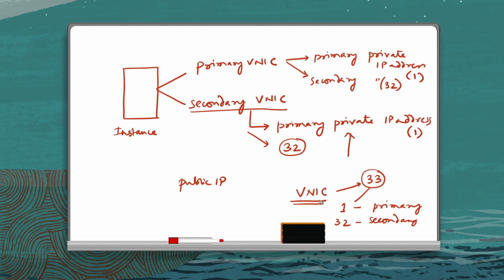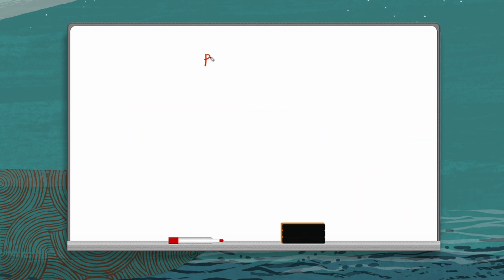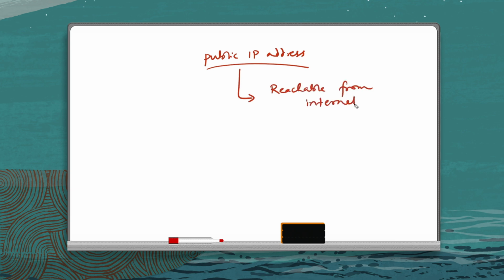So now let's talk about public IP address. So what is the use case of public IP address? Basically, it is reachable from internet. And in OCI, there are some resources, for example, NAT gateway.